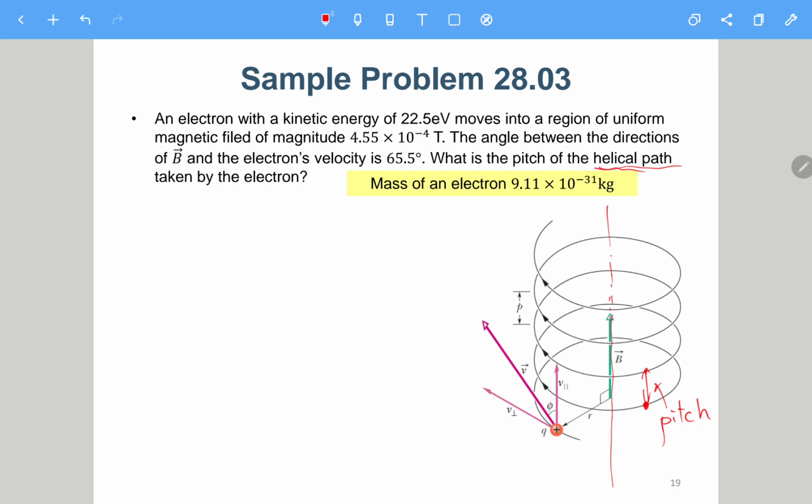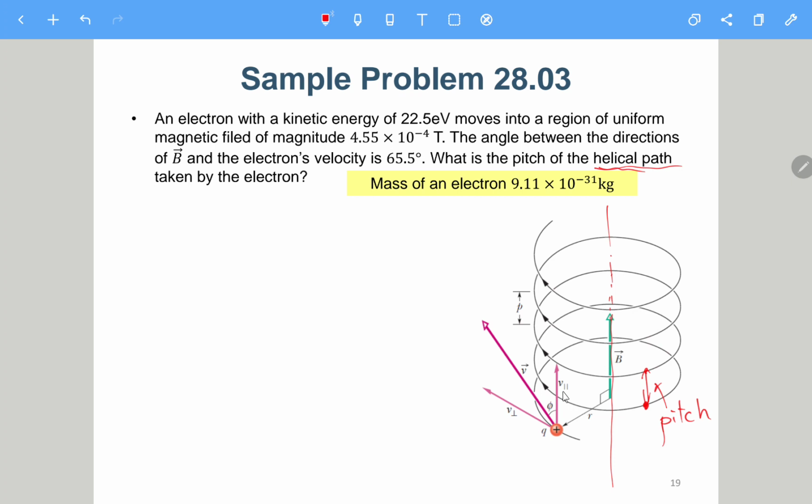Why will it be like that? Just now I mentioned that we can decompose this V in two directions. One is V perpendicular, another one is V parallel. For this V parallel interacting with this B, these two vectors are parallel to each other, so V parallel cross B will be the zero vector.